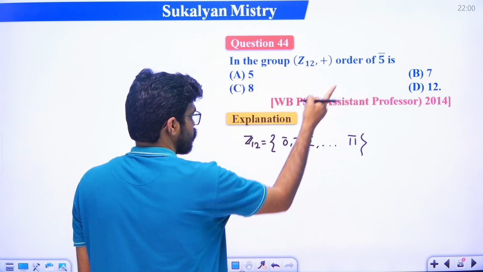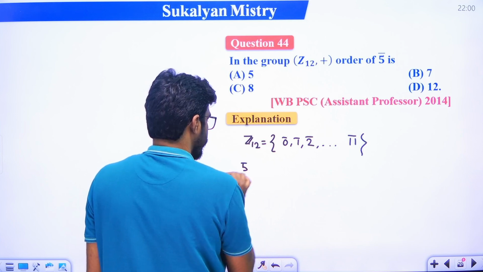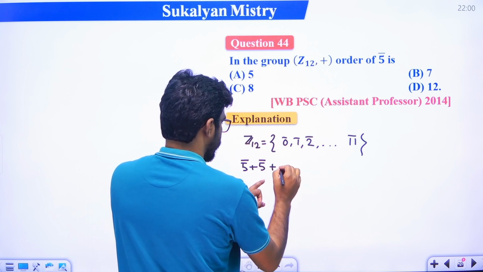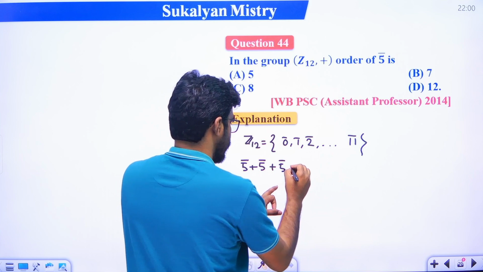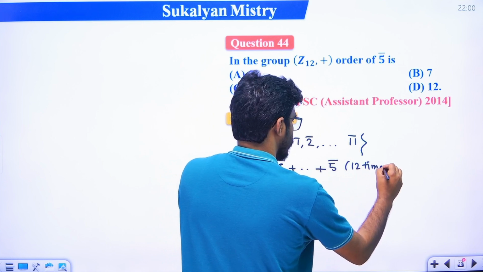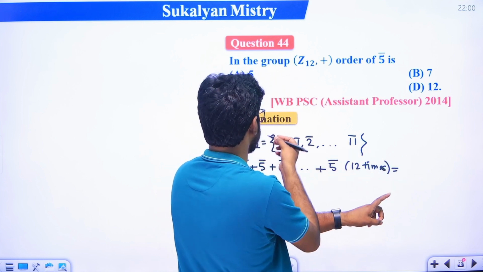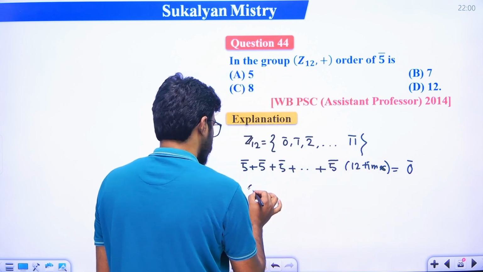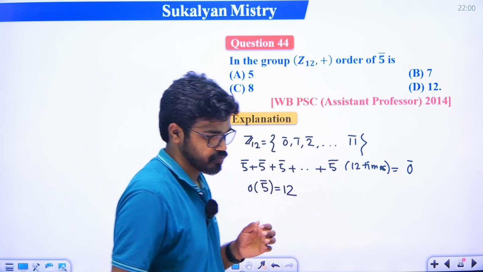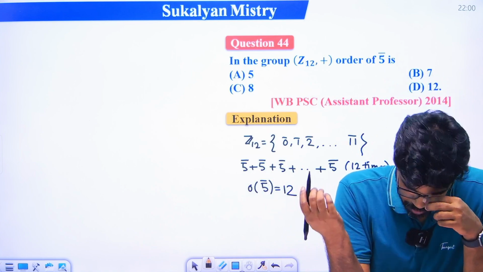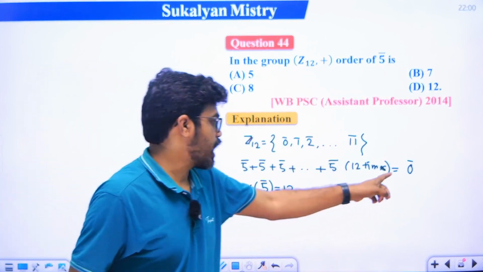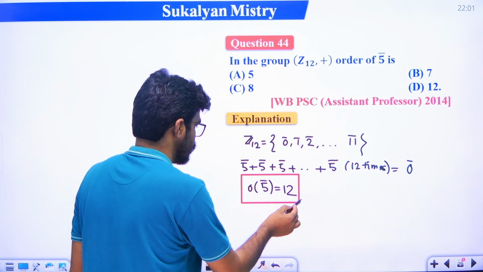We have to find the order of 5, that means add 5 minimum how many times. 5 plus 5 is 10, and 10 is not divisible by 12. 5 plus 5 plus 5 is 15, and dividing 15 by 12 leaves 3. If we add 12 times, we get 60. Divide 60 by 12, the remainder is 0, that means the order of 5 will be 12. If we add 5 a minimum of 12 times, we get the identity element, so order of 5 will be 12.